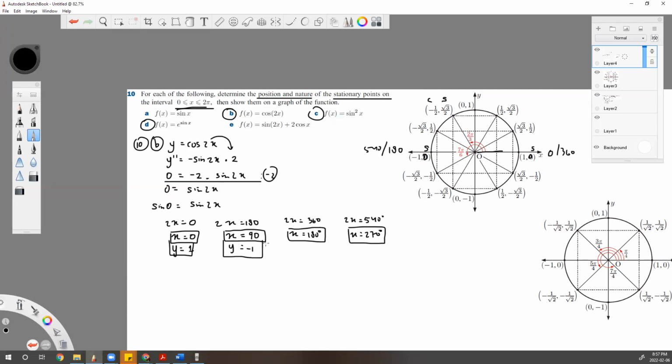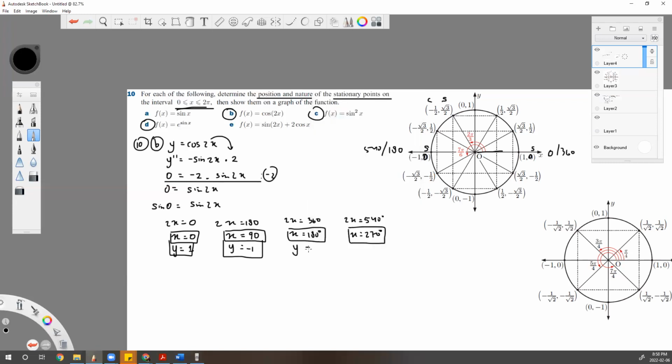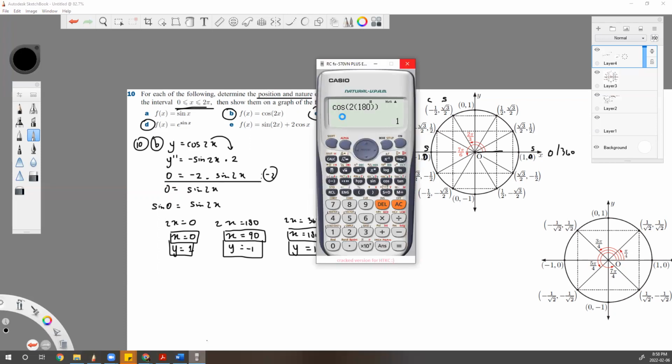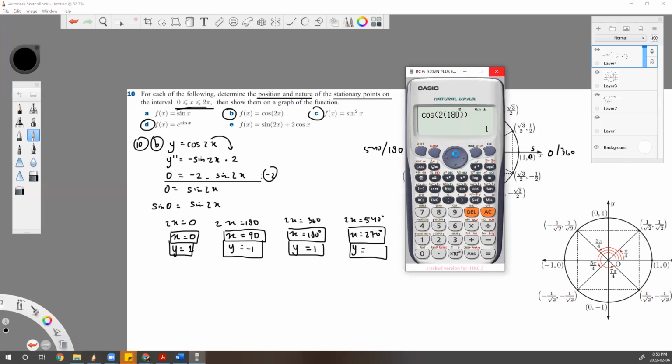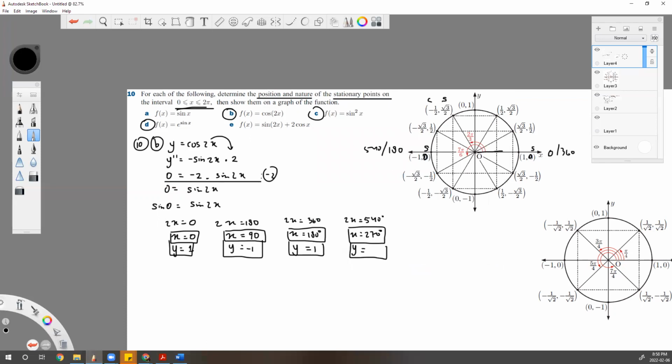If 180, it is 1. Okay, it is up and down, right? If 270, wait, what happened? The calculator is shutting down.